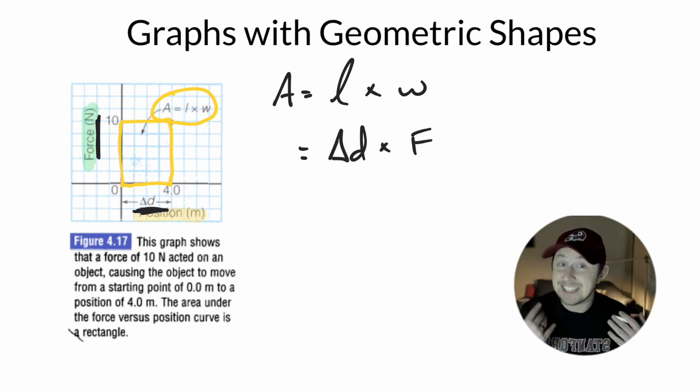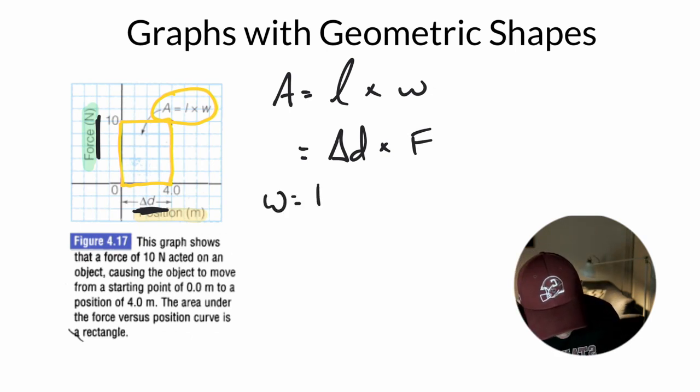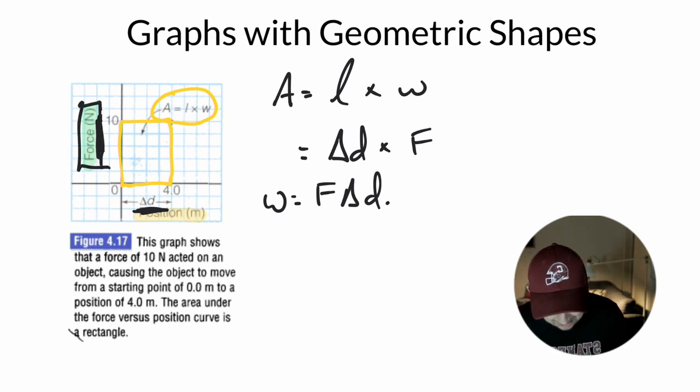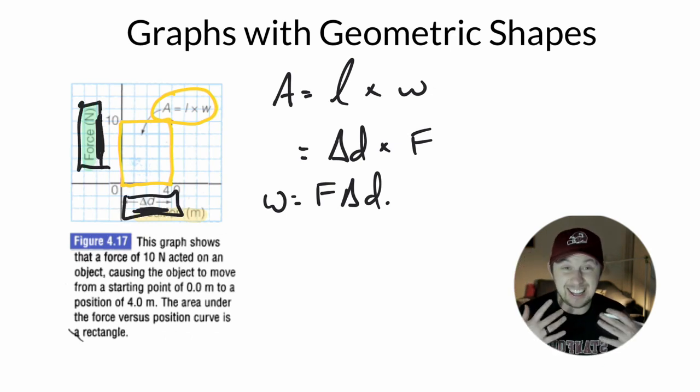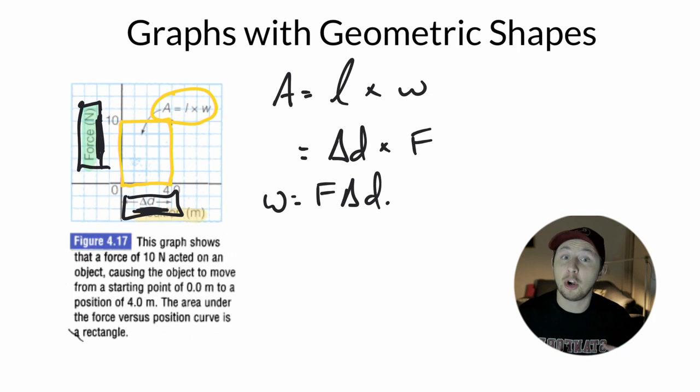Notice this is the exact same formula if we rearrange it for work, right? Work is equal to force times change in distance or change in position. This formula is the exact same. So when we multiply our y-axis by our x-axis, getting effectively the area underneath, we get our amount of work that's done on it.